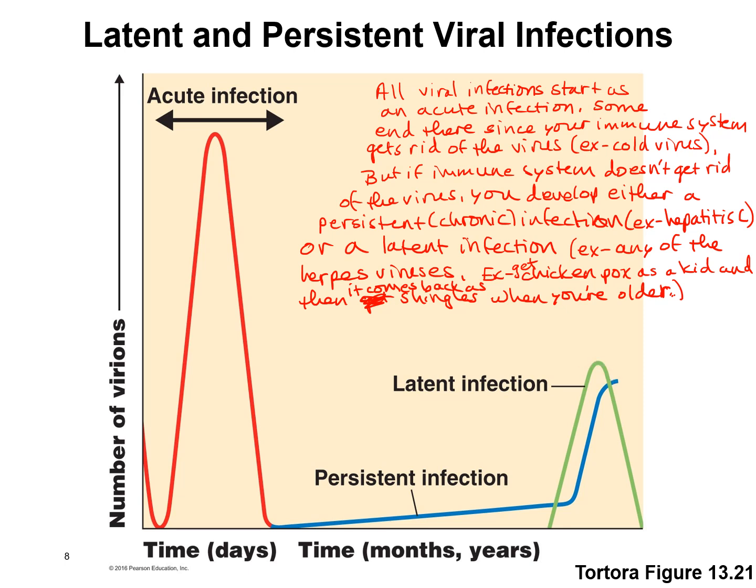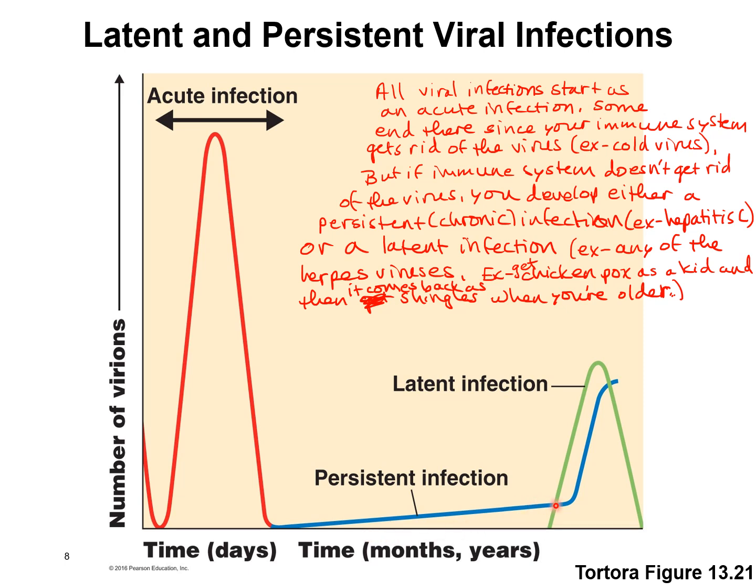And then if you get infected with hepatitis C, for example, you would start out with an acute infection. The immune system would start to get rid of the hepatitis C virus, but it doesn't clear the virus completely from the body. So we will have some of the virus that will remain in the liver cells, and they will continually produce low levels of the hepatitis C virus, so you get this chronic or persistent infection.